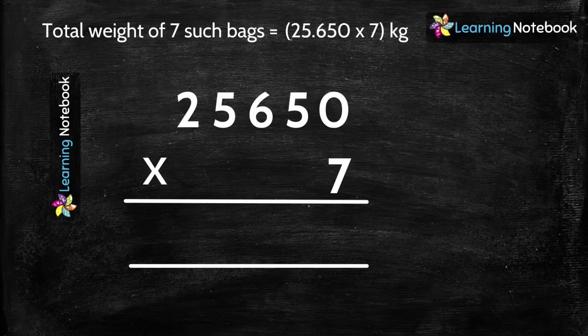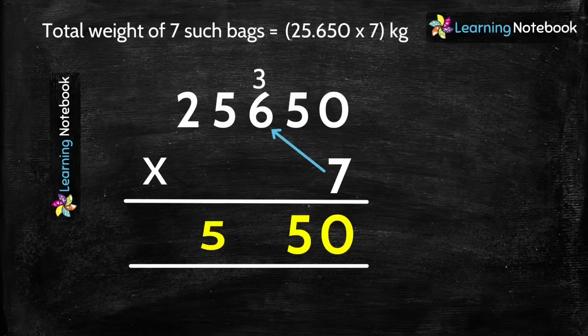So 7 into 0 equal to 0. Next, 7 multiplied by 5 equal to 35. So carry 3 and write 5 in the answer. Next, 7 multiplied by 6, which is equal to 42, and 42 plus 3 carry equal to 45.